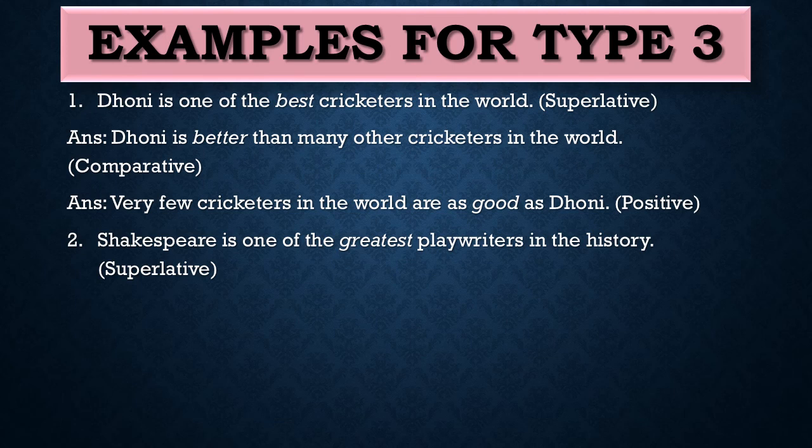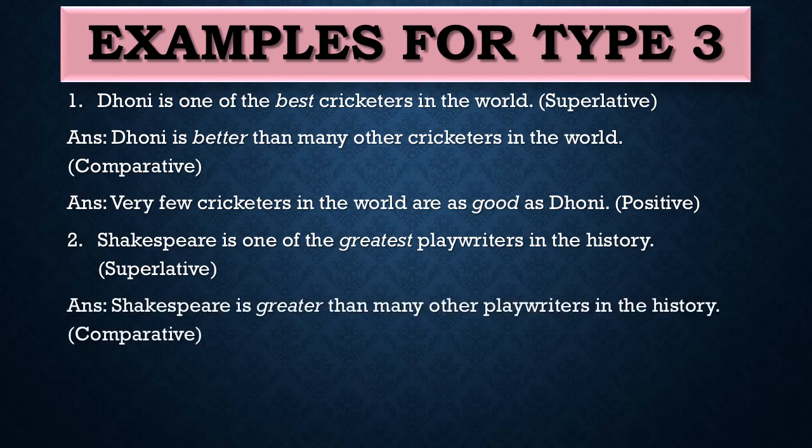Here also many playwrights are there, among whom Shakespeare is one of the greatest. In comparative degree, greatest will change into greater: Shakespeare is greater than many other playwrights in history. Understood?